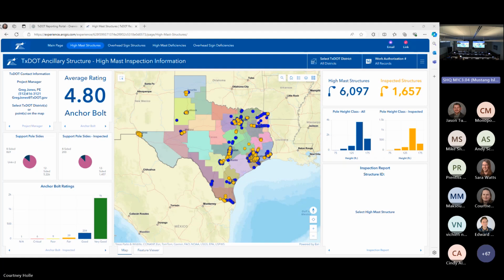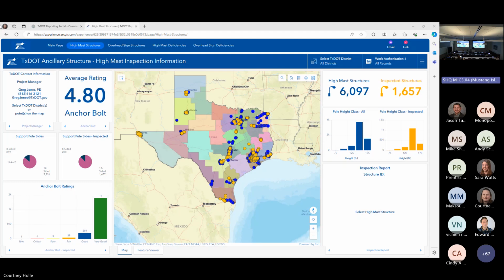We don't have enough funds to inspect everything, but we do expect pretty good sampling of the structure. And then the third part is the database, which I think is a really good way just to keep track of all the inventory and the inspection info.